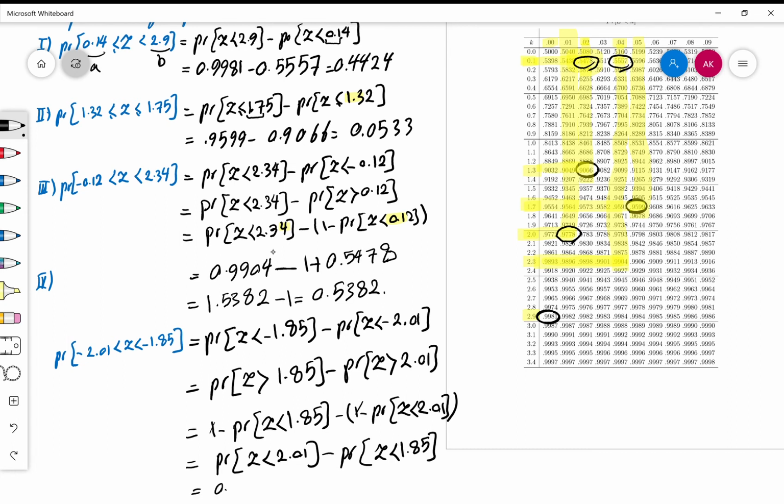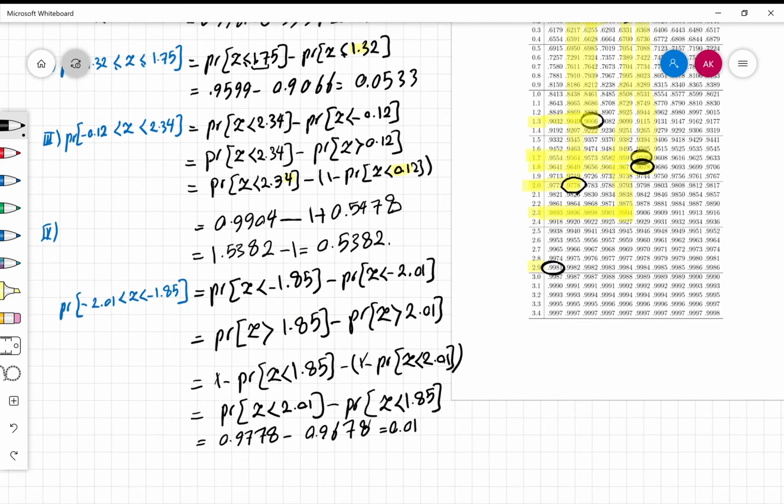So this is 0.9778 minus 1.8, and 0.5. So this is the 0.5. So let me just go there, and that's the number we are looking for. Probability of 9678. Subtract this, that goes there. So this is 0.01.